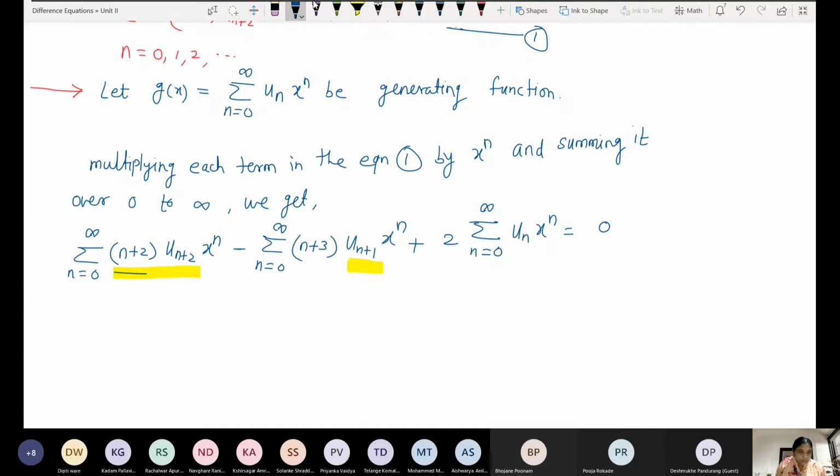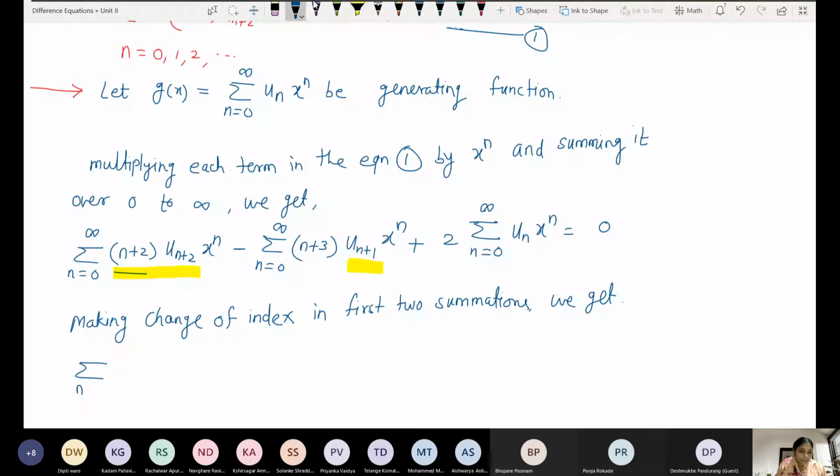Now making change of index in first two summations, we get summation, if I change it to 2 to infinity, what will be changed here? N plus 2 will become n.